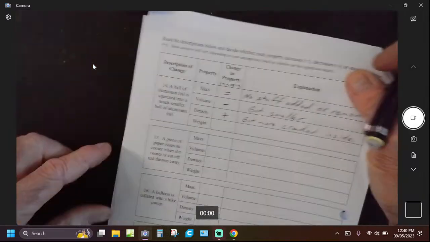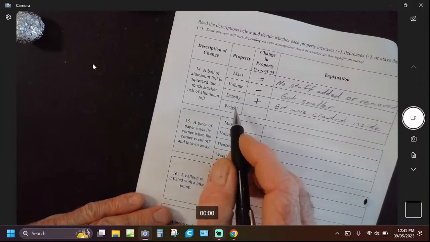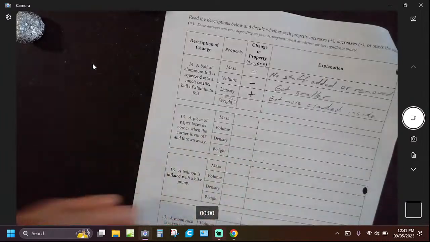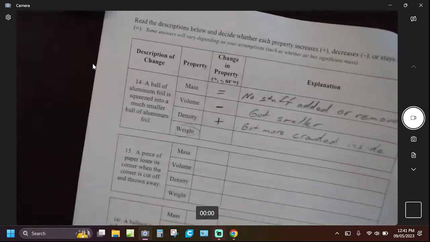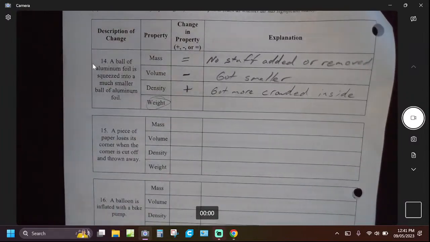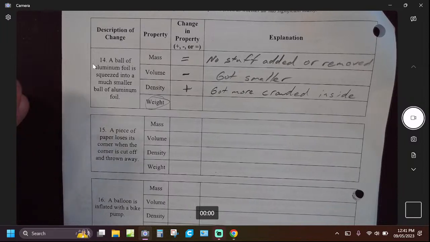I'll see if I can borrow some of the ones Mr. Giampa has. So the easy way to do this is you can write the same thing for weight that you can write for one of these other ones. Which one determines something's weight? Its size, its crowdedness, or the stuff inside it? I want to make something heavier. What's the best way to do it?